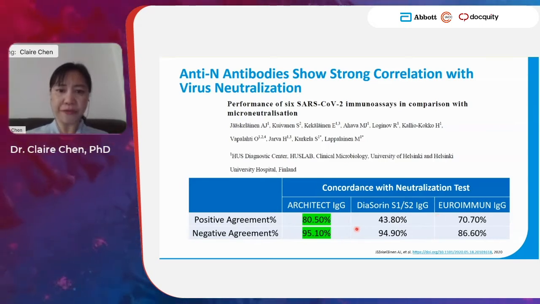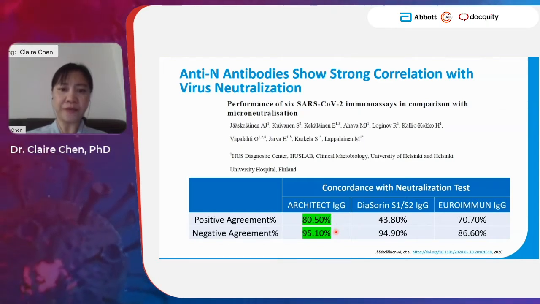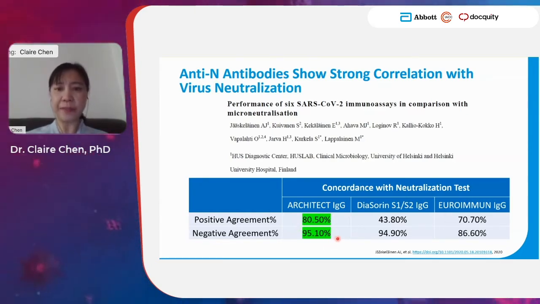For the positive results produced by the neutralization test, our IgG assay has an agreement of 80.5%. For the negative samples, our agreement is 95.1%. This set of results is the best among all the IgG assays.